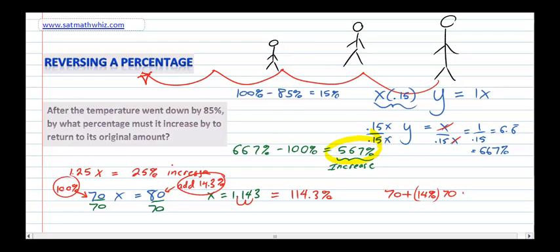That's why, although the answer came out to 1.143, which is 114.3%, the increase was 14.3%. Similarly, on our last problem, although the number came out to 6.67, the increase was 567%, not 667%.